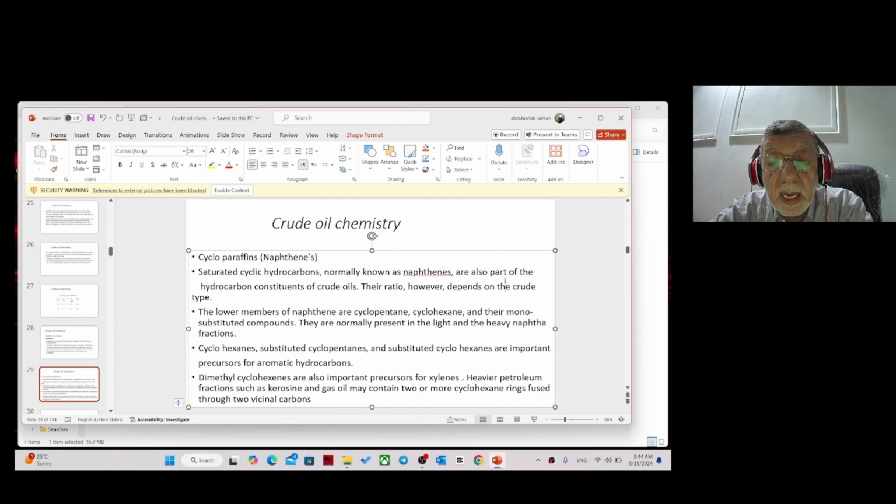Substituted cyclopentane and substituted cyclohexane are important precursors of aromatic hydrocarbons. Dimethyl cyclohexanes are also important precursors for xylene. Heavier petroleum fractions such as kerosene and gas oil may contain 2 or more cyclohexane rings fused through 2 carbons.